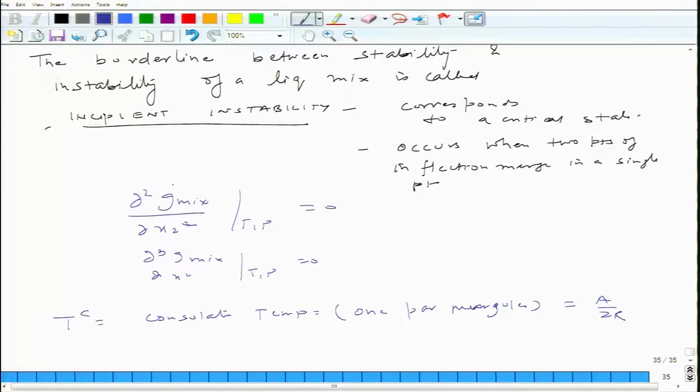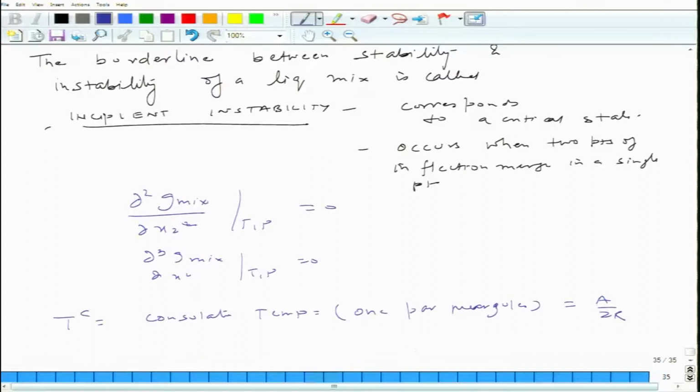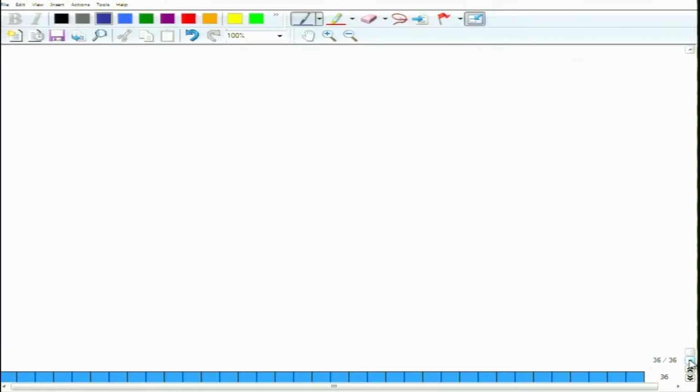Okay. So now I will try to use this one parameter Margules equation to describe different kinds of phase diagrams which we obtain for different conditions. I am going to describe different ways the A could be for different systems.